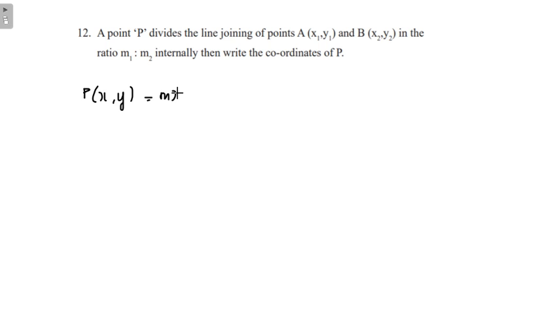To find the x value, it is m1 x2 plus m2 x1, divided by m1 plus m2. See, here also you have m1 and m2. So this is for finding the value of x.